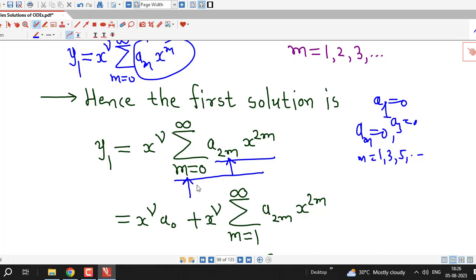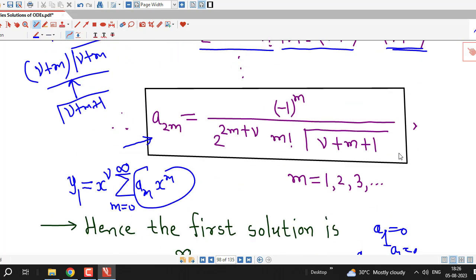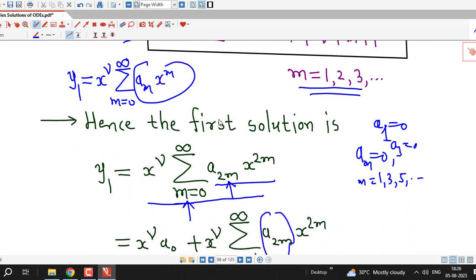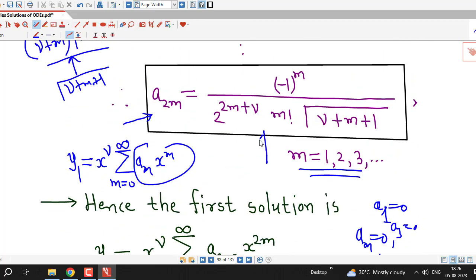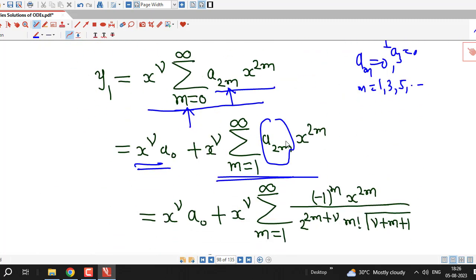I have split this into two terms, as I have written this summation as addition of these two sums, because our formula for a2m starts from m equal to 1, 2, 3 and so on. Therefore I have rewritten in this way. In the next step, I substitute the value of this a2m here and I obtain this term. And if we start this summation from m equal to 0, then we will obtain this term. For example, if I take m equal to 0 here, then x raised to nu as it is.